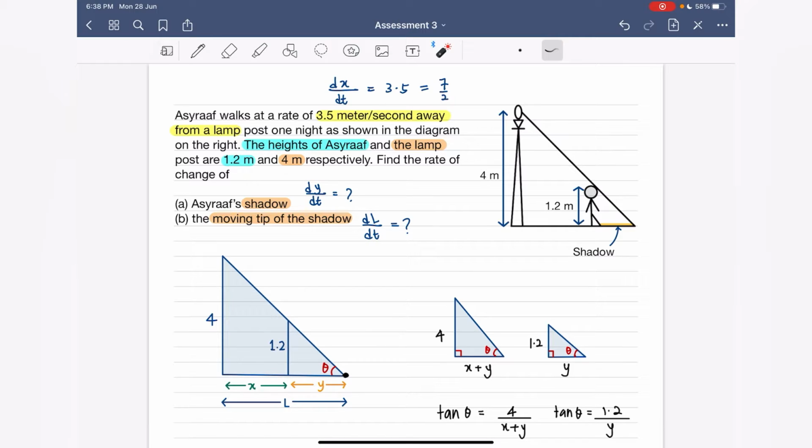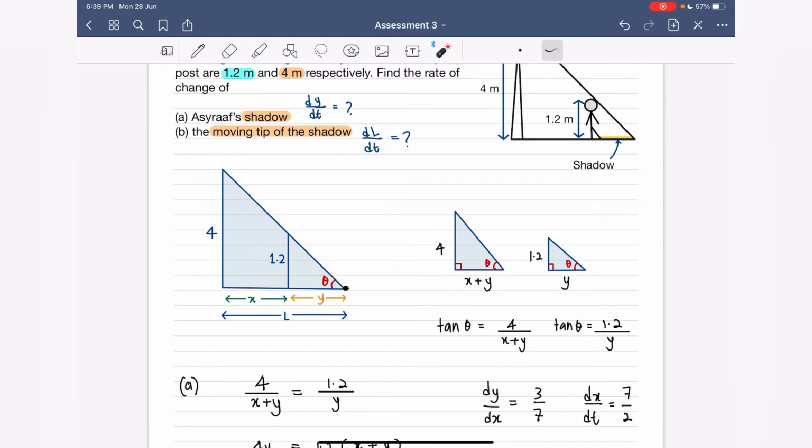Before that, we also know that the positive 3.5 meters per second is dx/dt, because Ashraf walks away from the lamp. So we can draw two triangles. This is the first triangle, and the second triangle is this. We can use trigonometry for both triangles.